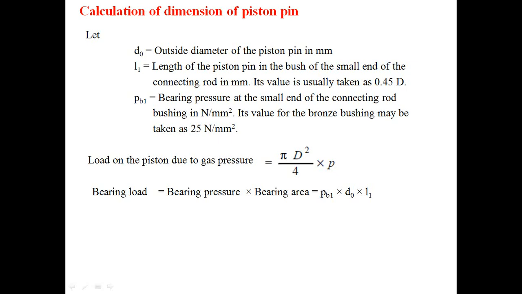Here it is a compressive force, so we use the projected area. Load is equal to Pb1 into d naught into L1, and you can easily determine the dimension d naught by using the equation.